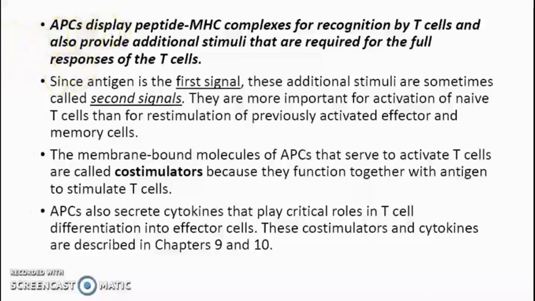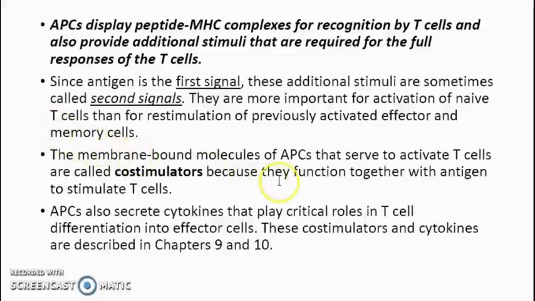Antigen-presenting cells display peptide-MHC complexes for recognition by T cells and also provide additional stimuli that are required for the full response of the T cells. Since antigen is the first signal, these additional stimuli are sometimes called the second signal. They are more important for activation of naive T cells than for re-stimulation of previously activated effector and memory cells.